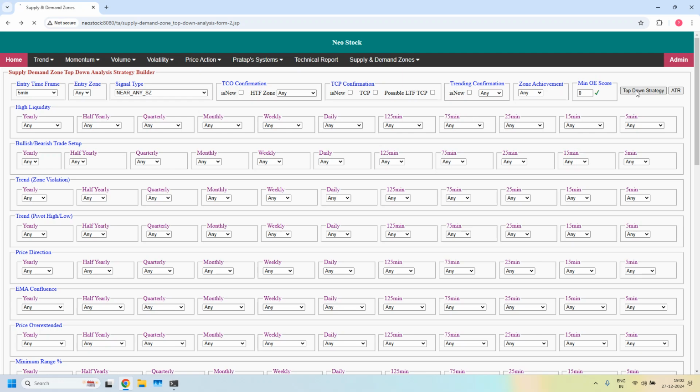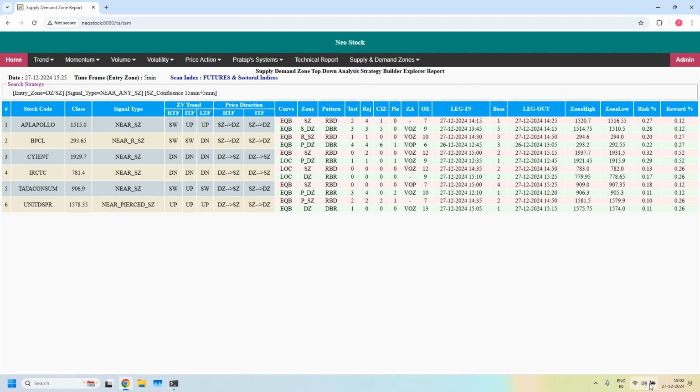With this filter, we got 6 stocks. But out of these 6, there is one pierced. So ignore the 6th one. It is pierced. So the remaining stocks, the 5 minute supply zones are part of the 15 minute supply zone. So this is about stocks near demand and supply zones.